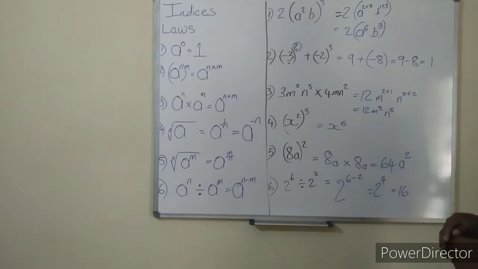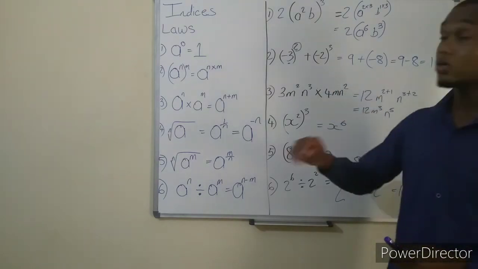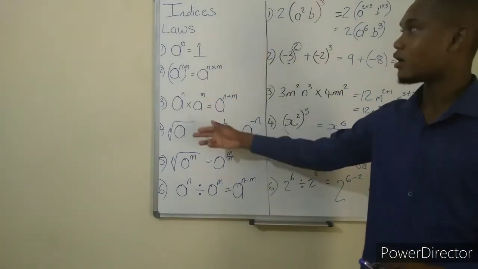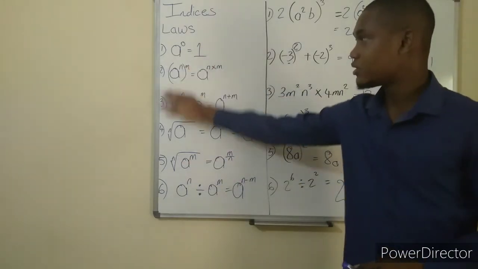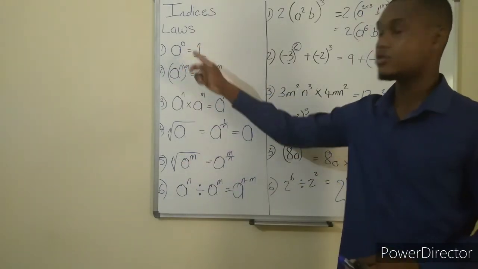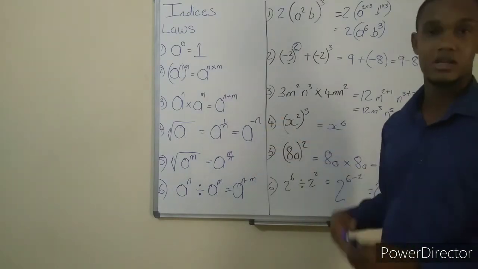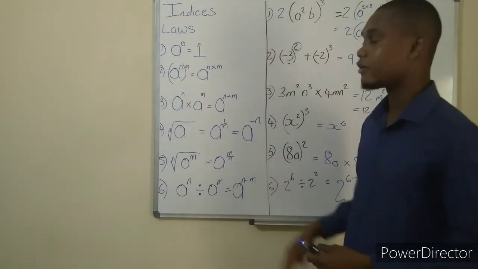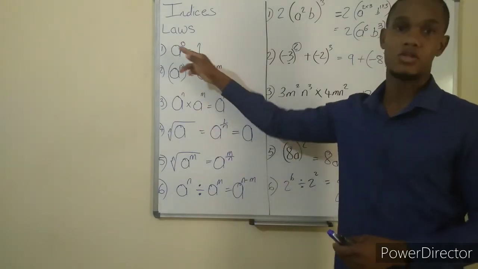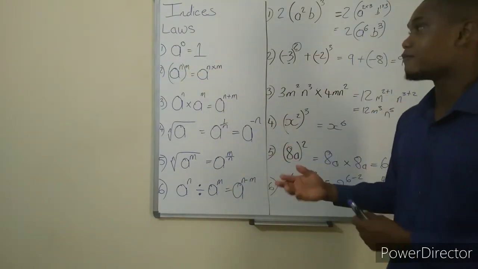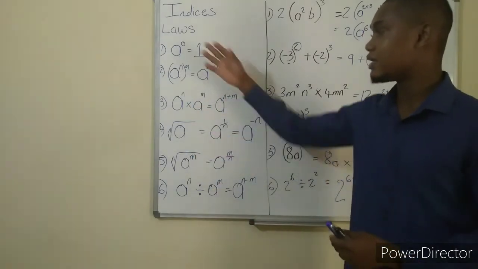So please note that even though I wrote these laws in this order, where you see 1 matching to a raised to 0 equals 1, when you go to different sites, when your teachers are teaching it to you, they may give it in different orders, because it's not like this was the first rule that was derived. No, this was just placed in a random order.